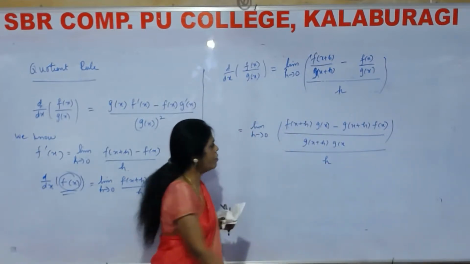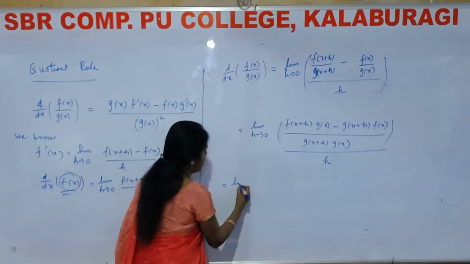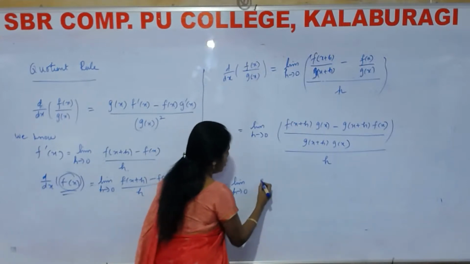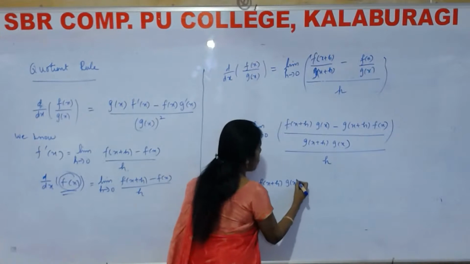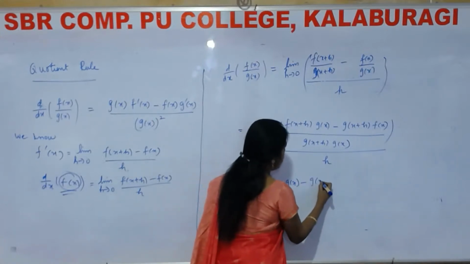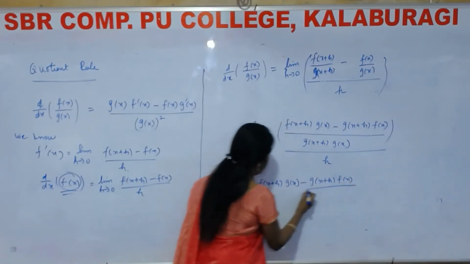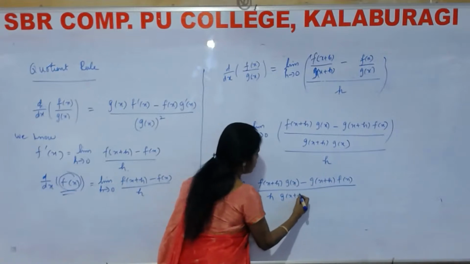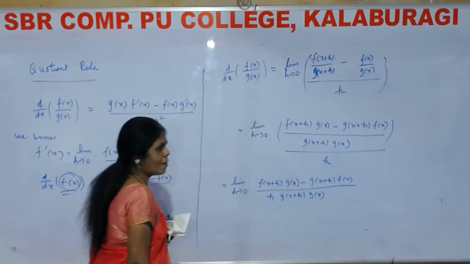Now I will bring this down. Limit h tends to 0, f of x plus h g of x minus g of x plus h into f of x, whole divided by h into g of x plus h g of x.